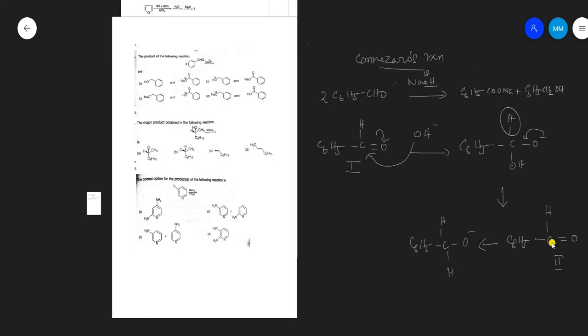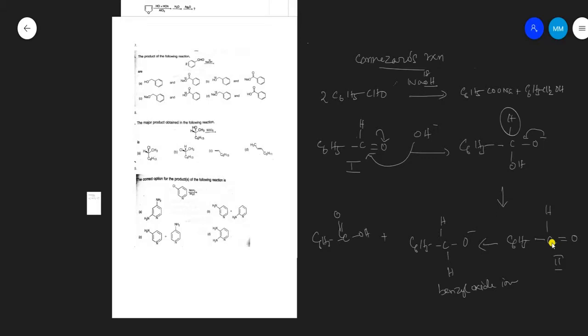So it is the benzyl oxide ion. And this molecule will be plus C6H5C double bond O and OH, benzoic acid.